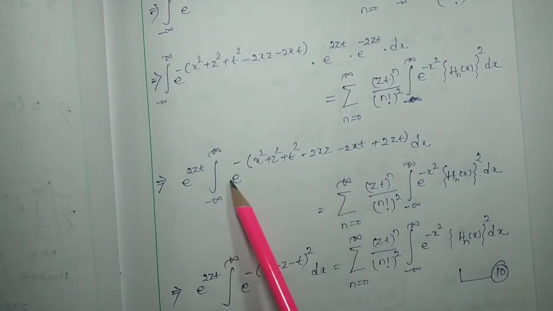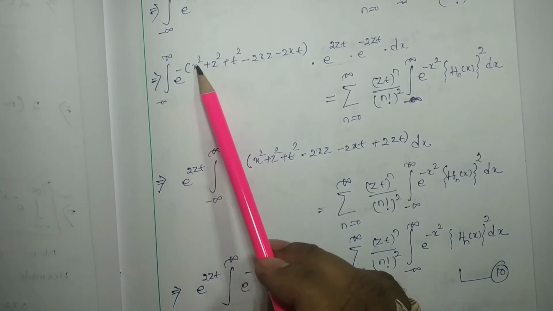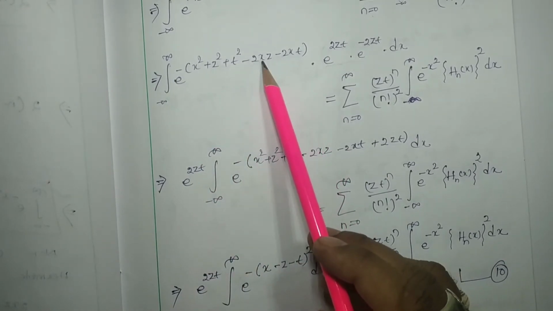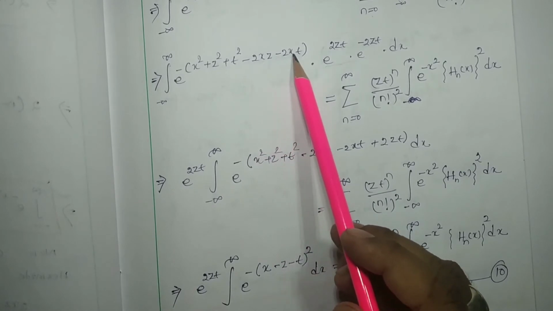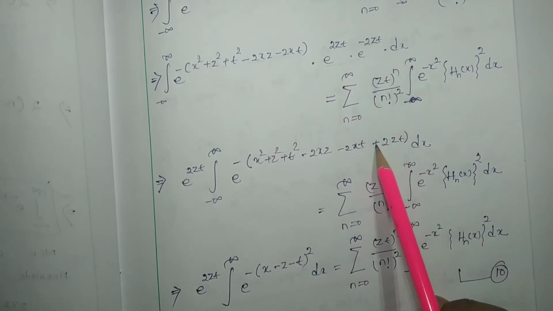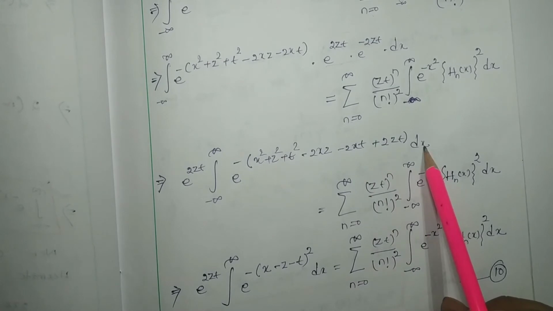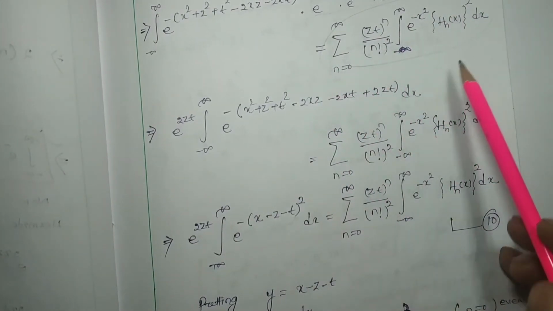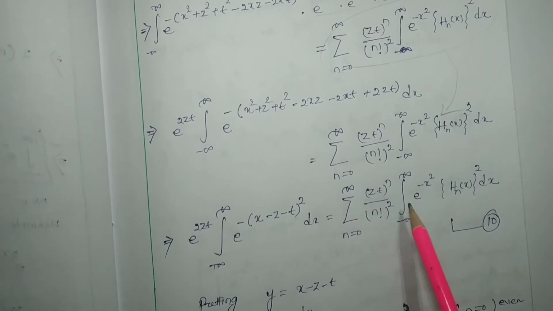So we found e^(-(x² + z² + t² - 2xz - 2xt)), and since this is minus, it becomes plus 2zt, dx. It is equal to the same thing written over here, nothing changed.